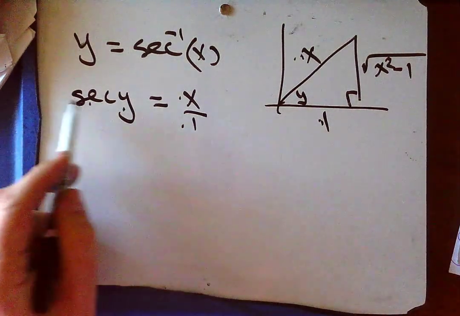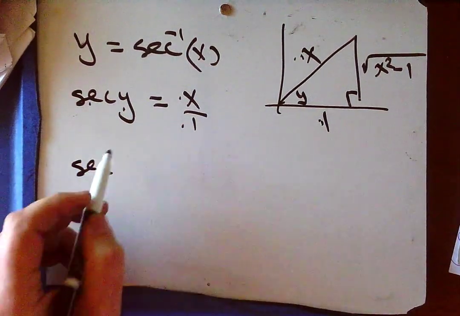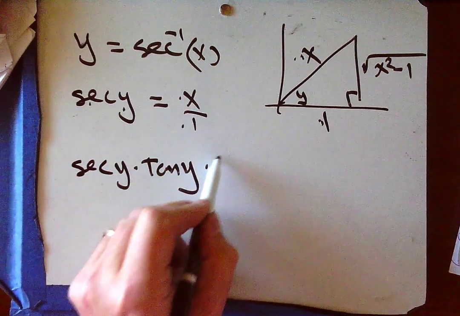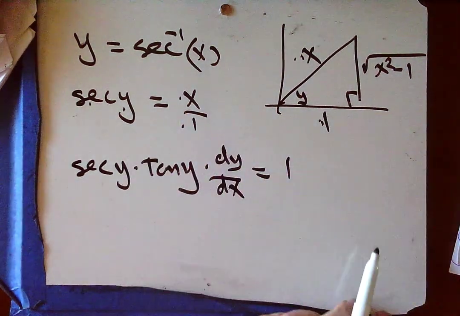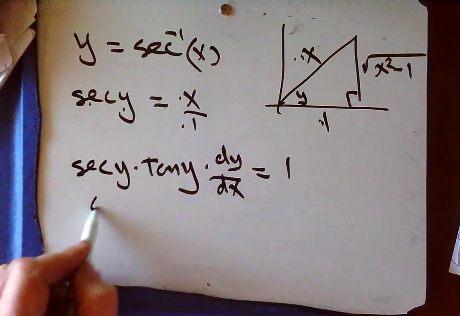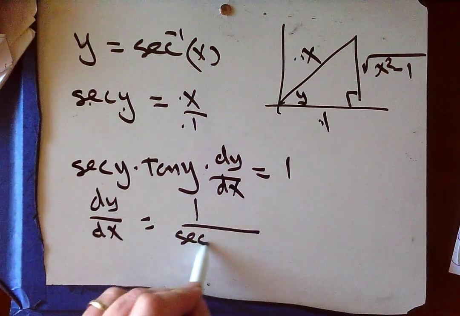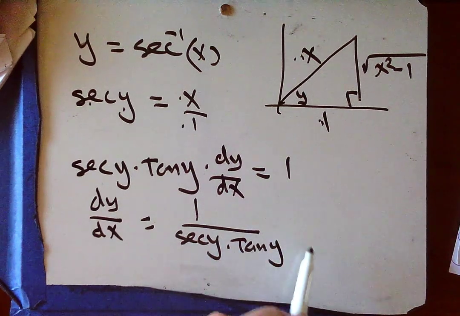Okay, so now let's take the derivative here. The derivative of secant is secant y, tangent y. Don't forget the derivative of the inside y, and over here we get 1. So then dy dx is going to be 1 over secant y times tangent y.